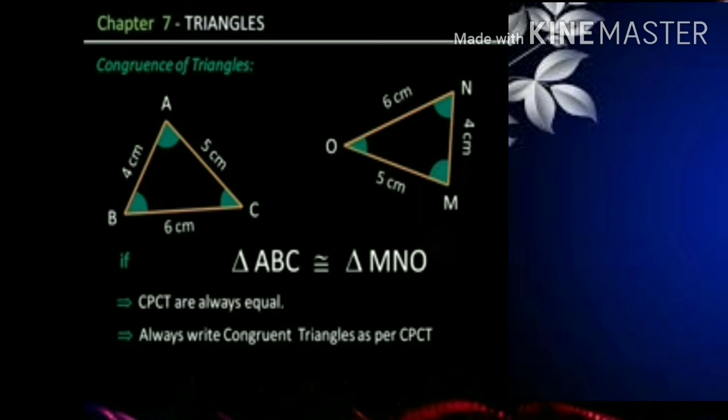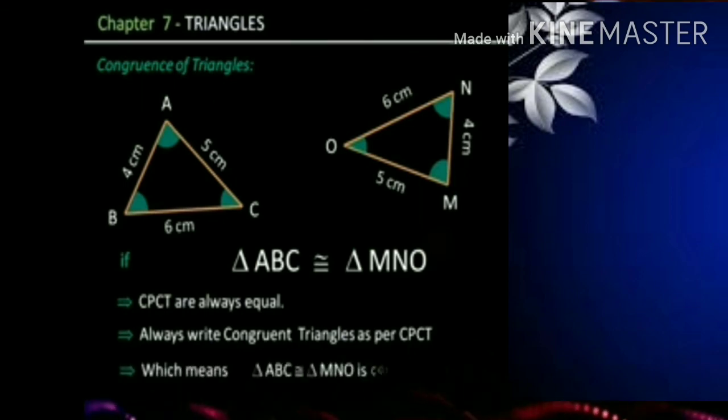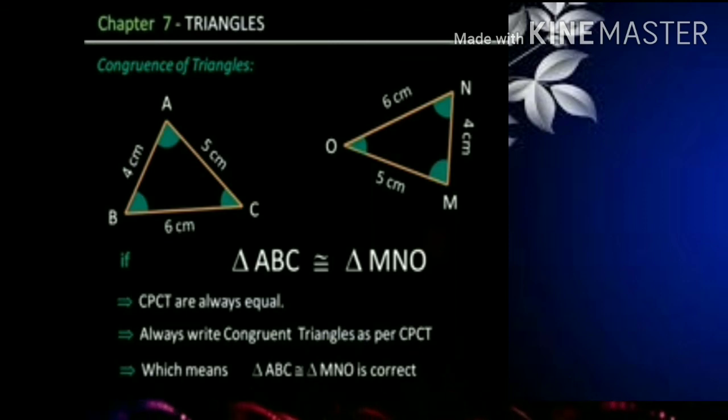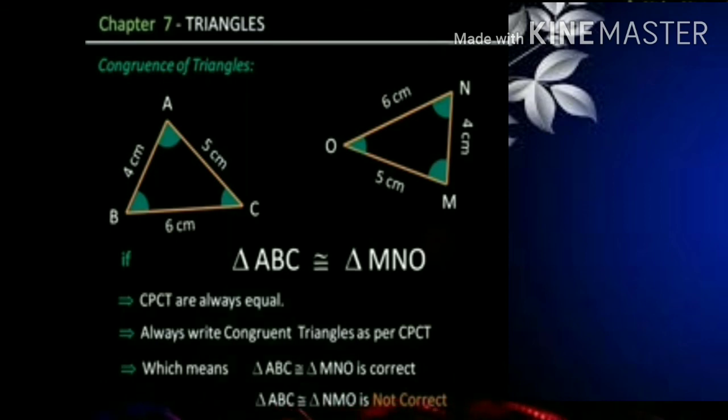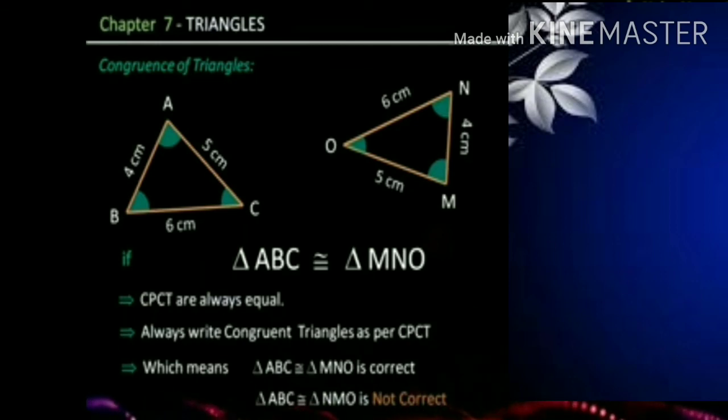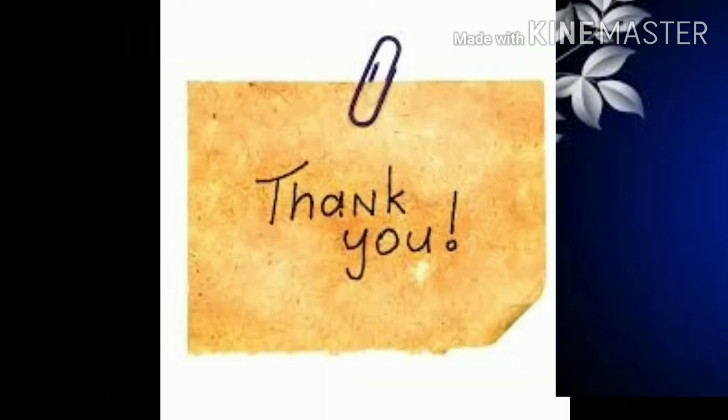Always write congruent triangles as per CPCT, which means triangle ABC is congruent to triangle MNO is the correct way to write, and triangle ABC congruent to triangle NMO is not correct. Thank you students.